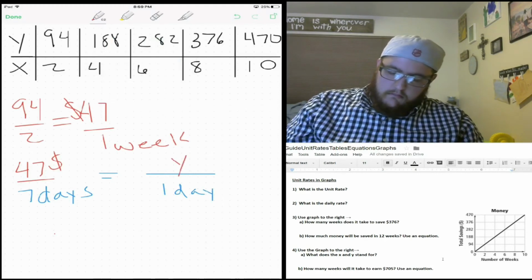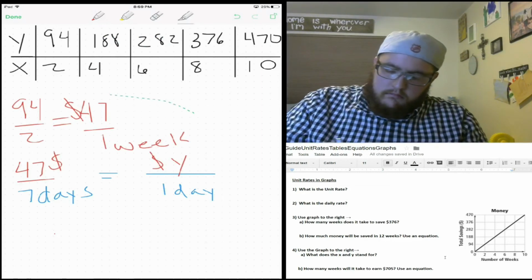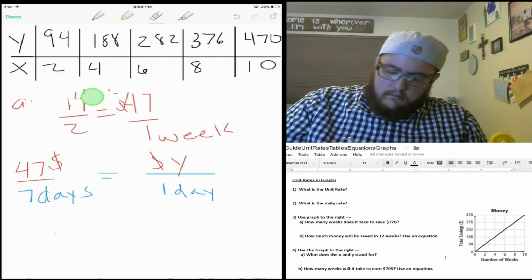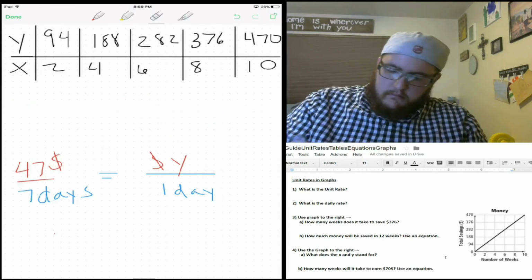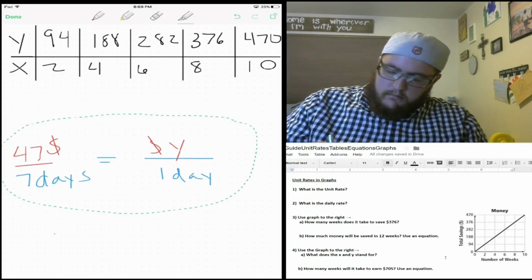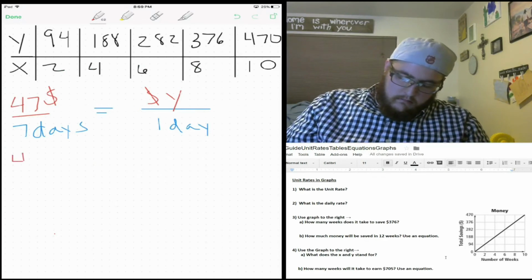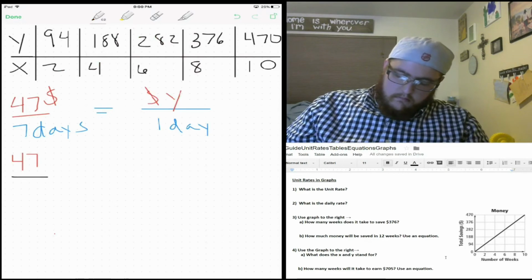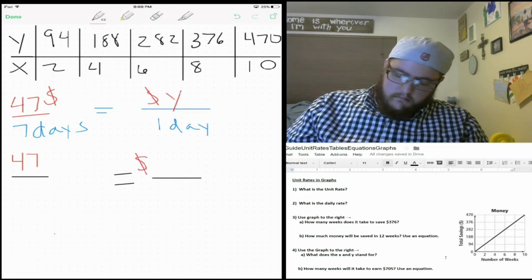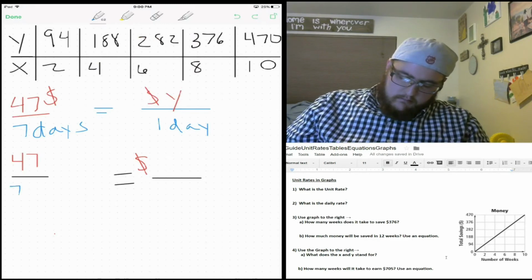We know that it's asking for the unit rate of 1 day, and we don't know what we're going to earn each day, so that's going to be our unknown, or our y value. And remember that our answer is going to be in dollars per day.